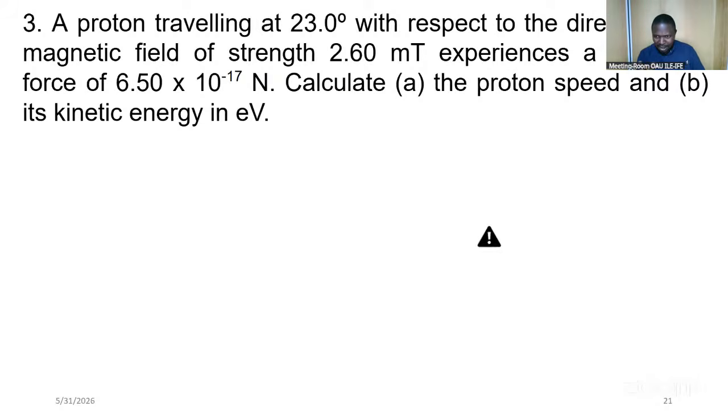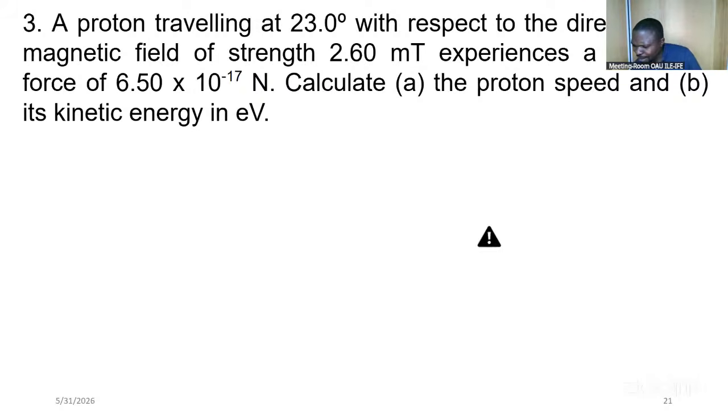And you are given the magnetic force. You are to determine the proton speed. If you can determine the proton speed, you can easily determine the kinetic energy, right? So I ask my students to do this for me: V equal to F_B over e q B sine theta, and you plug in all those parameters and you will get the right answer.